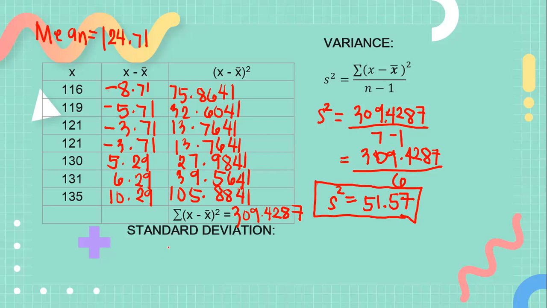Okay, for the standard deviation, we take the square root of 51.57. So what is it, class, when we take the square root?